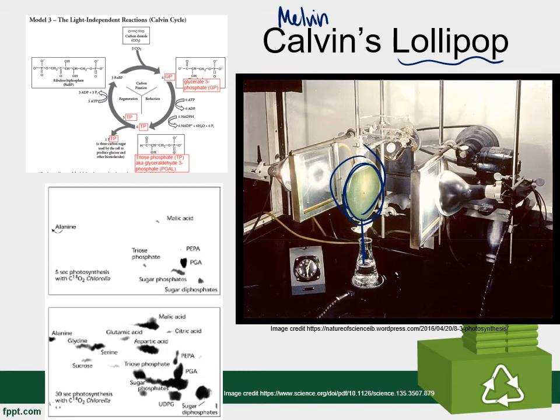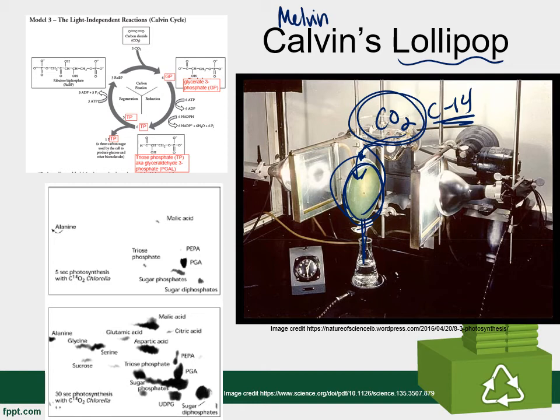The algae was happily doing some photosynthesis. He started adding a little bit of carbon dioxide that was radioactive. So he had carbon dioxide that had carbon-14. That's a radioactive version of carbon. So this radioactive CO2 was being added into the algae through photosynthesis.